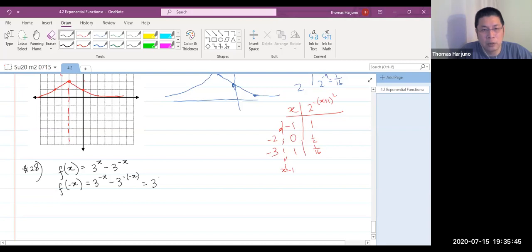That's 3 to the negative x minus 3 to the x. But that is the opposite of 3 to the x minus 3 to the negative x. Therefore, we see that f(negative x) equals negative f(x). That's an odd function. It has origin symmetry.